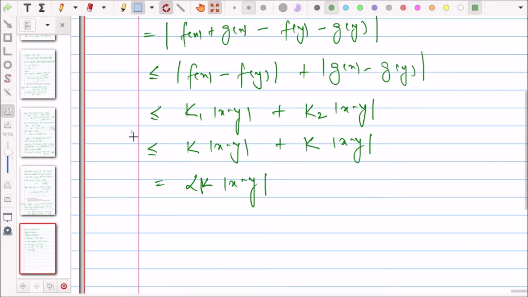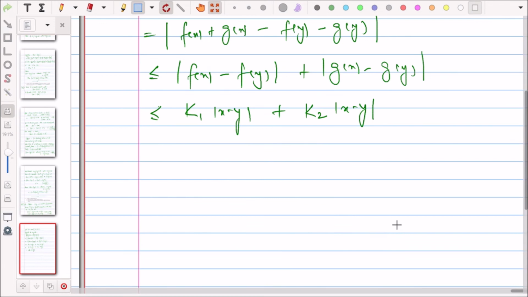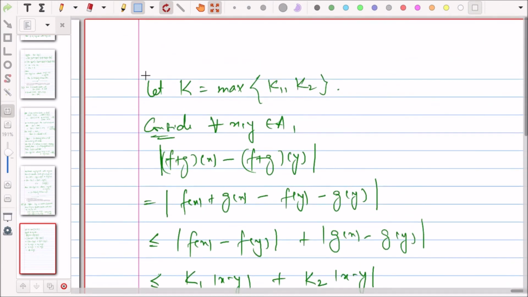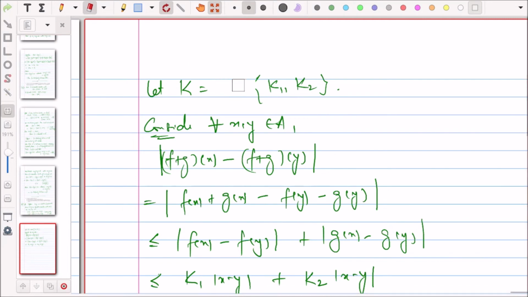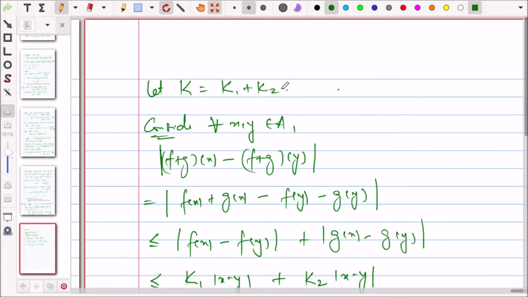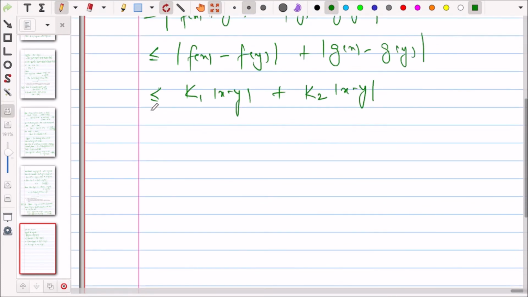Or what we could have done is, instead of taking k equal to the maximum of these, we could have taken k equal to k1 plus k2. That would also be an answer. Or the Lipschitz constant can be k1 plus k2. Then this is equal to k1 plus k2 times |x minus y|.